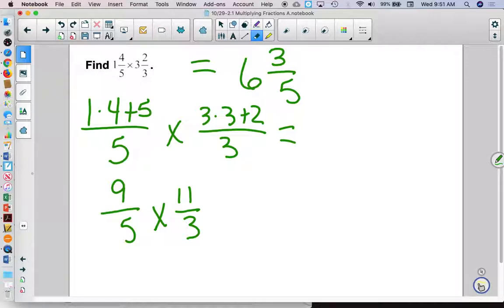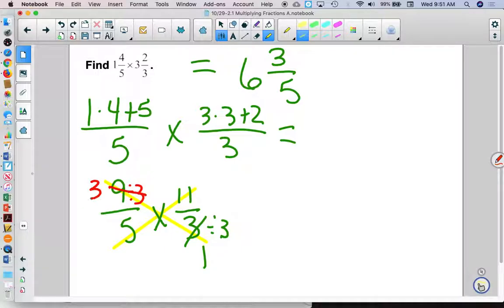Then I'm going to bow tie. I can't go between, there is no common factor between 11 and 5. Is there a common factor between 9 and 3? Yes. So divide the 3 out. Gives me 1. Divide 9 by 3, and I get 3.